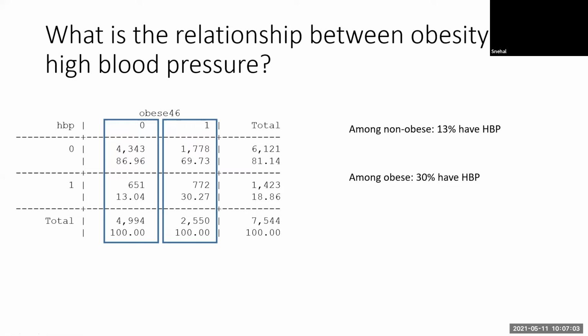Now, I wish I could tell you that we can easily compare the prevalence of high blood pressure among the obese and non-obese, because that would make everyone's life easy. But unfortunately, we can't compare prevalences very easily because they don't have some very nice statistical properties that odds have.